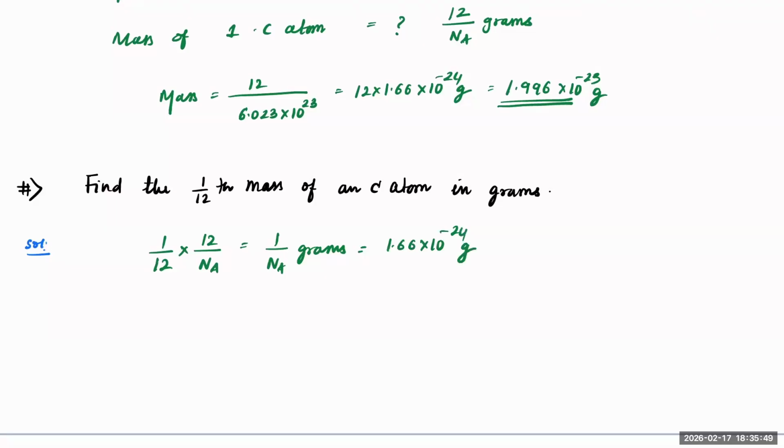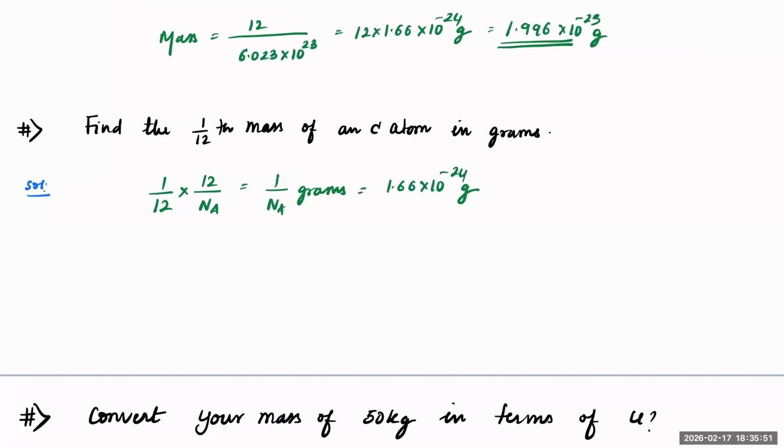Correct? Now this is where we define a new term, beta. That is, 1.66 into 10 raised to power of minus 24 grams of an atom is defined as 1 AMU, that is atomic mass unit.